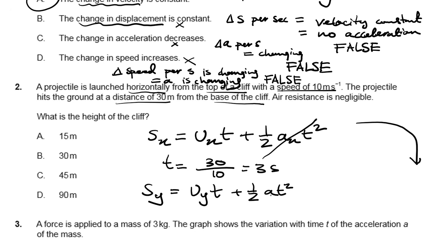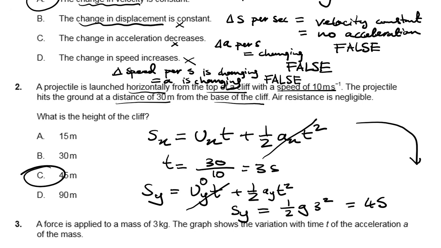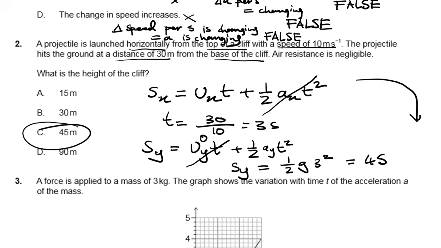And this time we do have a vertical acceleration, but we have no initial vertical velocity, right? So sy is thus just half g, and we found t, so 3 squared, and that just gives us 4.5 times 10, 45. Our answer is C.